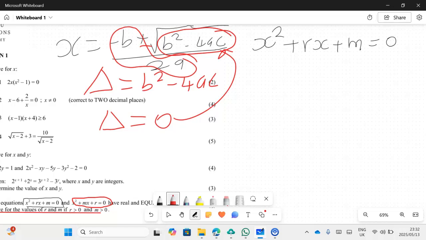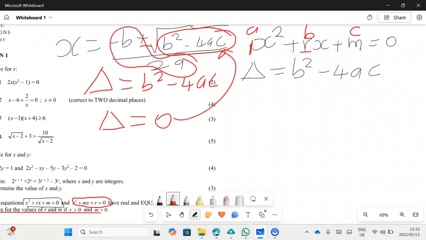So we're going to find the discriminant of this first equation. Our discriminant is b squared minus 4ac. Noting that this will be our a, which is 1, this will be our b, and this will be our c, which we must take with the sign.